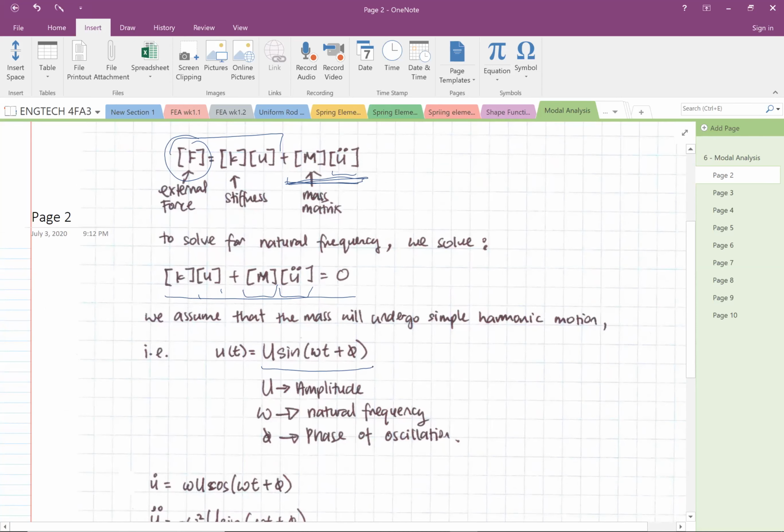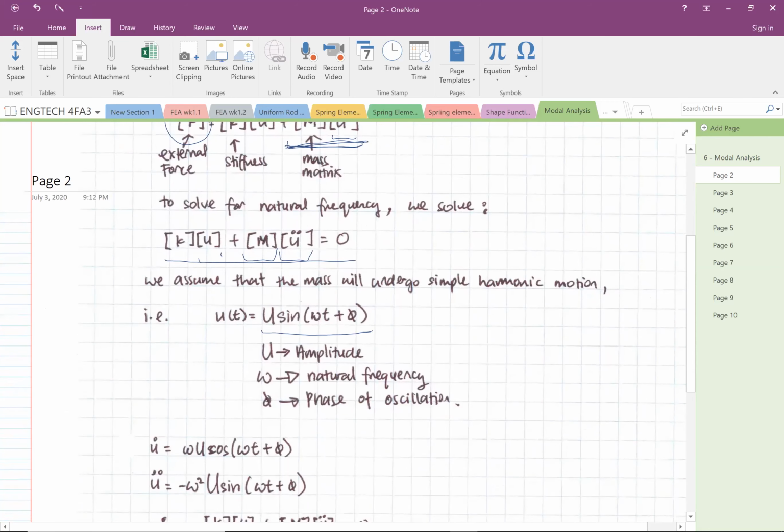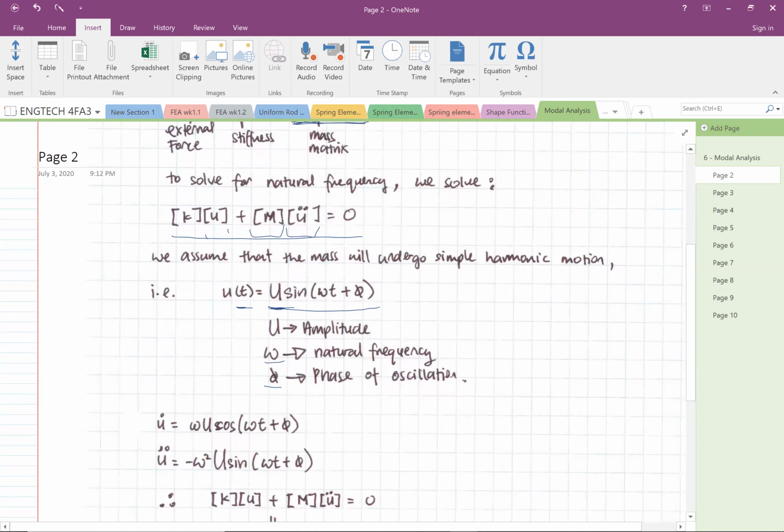Again, this formula was developed by many other scientists, and we are the lucky ones. We just use it. So we use the displacement as a function of time, where u is the maximum amplitude of the movement of the mass, omega is the natural frequency, and theta is the phase of oscillation.